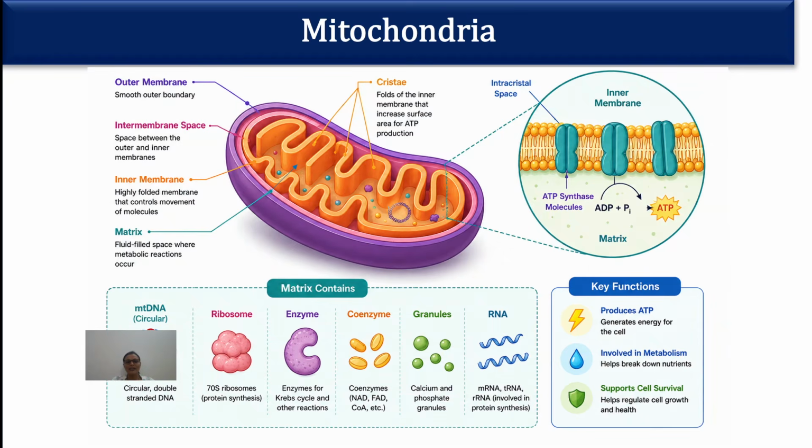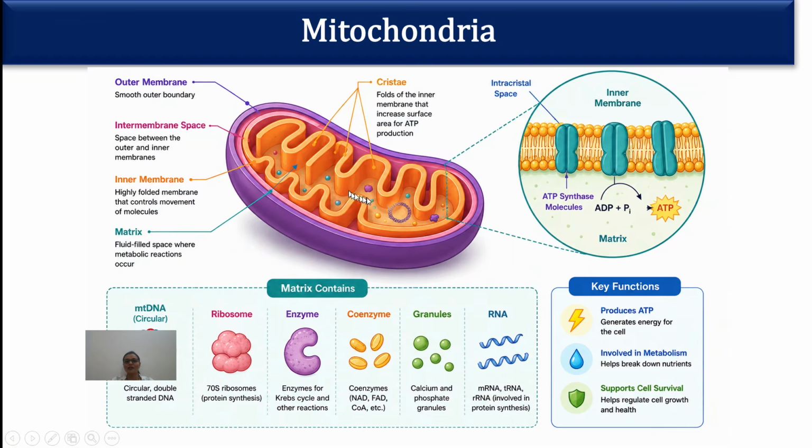It also contains several enzymes required to run the Krebs cycle, and coenzymes like NAD, FAD, CoA, etc. It also contains small granules made up of calcium and phosphate. It also contains messenger RNA, transfer RNA and rRNA that are involved in protein synthesis.